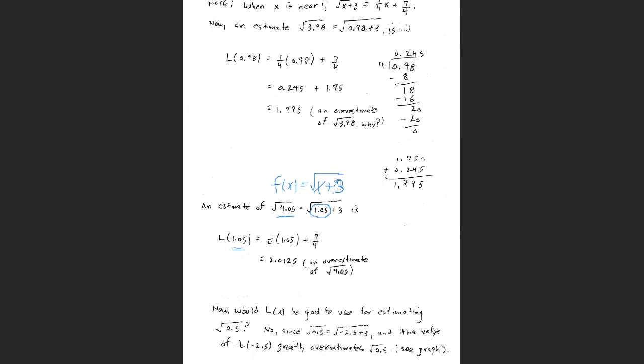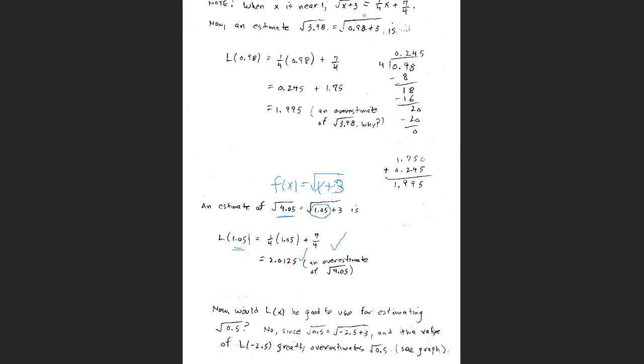And this time, you can see you get an overestimate. Well, the estimate is 2.0125. You could get that answer through simple math. And I'm curious, how good is that approximation?